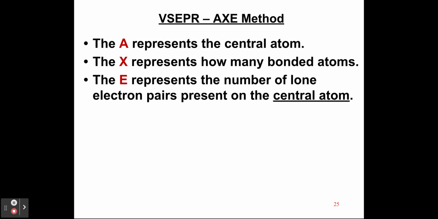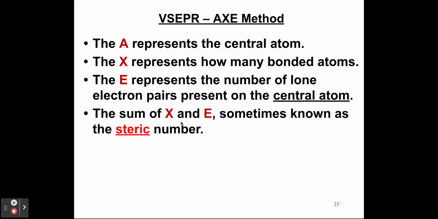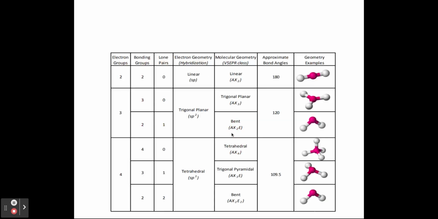So we're focused on the central atom, and we want to look at the number of bonded atoms and the number of lone pairs. So the sum of the bonded atoms and the lone pairs, so X and E, the total number of electron groups, which includes bonding and non-bonding, the lone pairs, this is known as your steric number. So the total number of electron groups is the steric number. And I'll show that in just a moment.